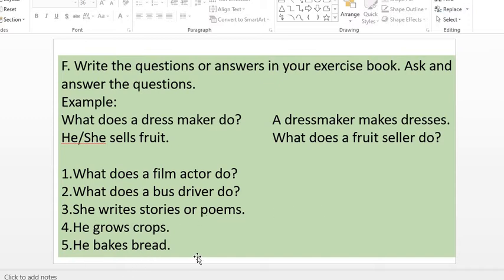And what does a baker do? A baker bakes bread. He bakes bread. That means he is a baker. B-A-K-E-R. Here we add ER with bake. Here we add E-R or only R. If we don't skip the E, we add only R with bake.